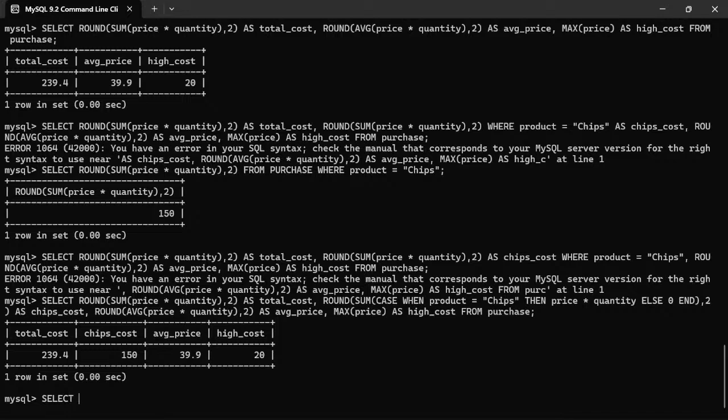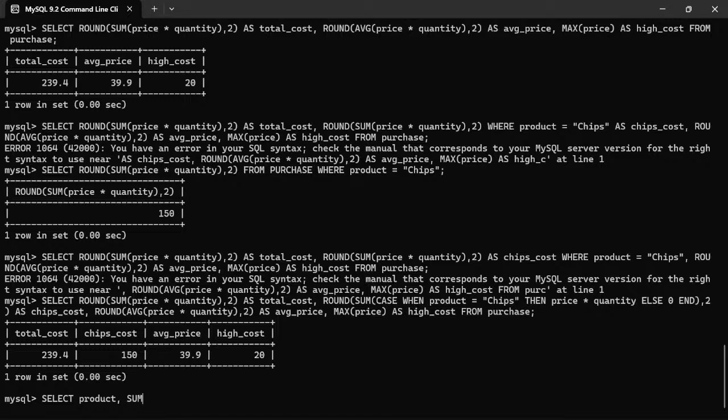Select, but first of all I have to select the product name and its price. First of all, product and its total price.